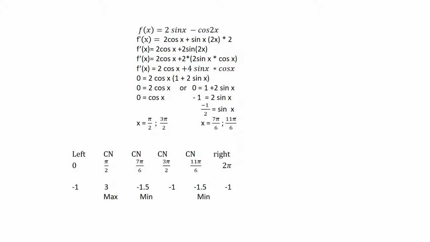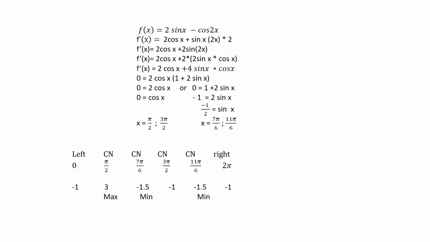Now we plug each of those values back into the original equation. When we plug 0 in to 2 sine x minus the cosine of 2x, we get a value of negative 1. Next, we plug pi over 2 in to 2 sine x minus cosine 2x, and we get 3.